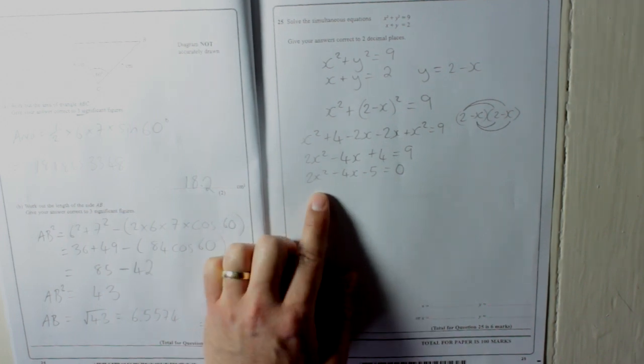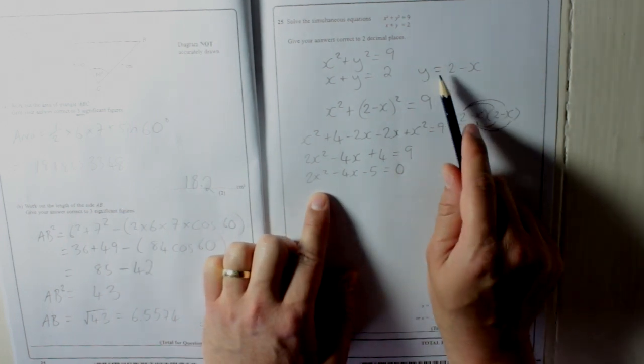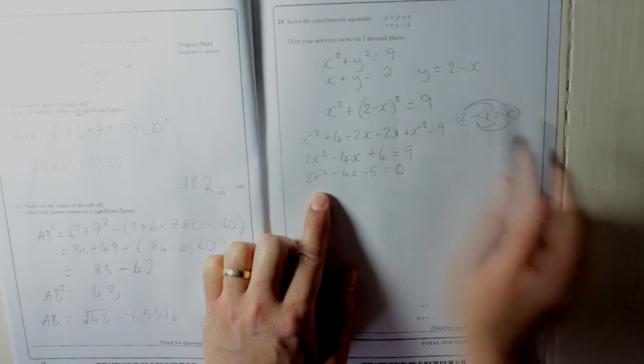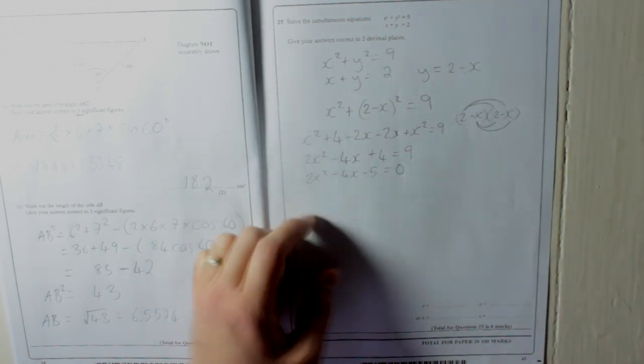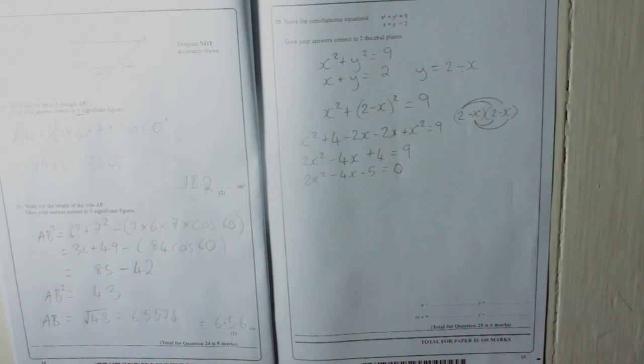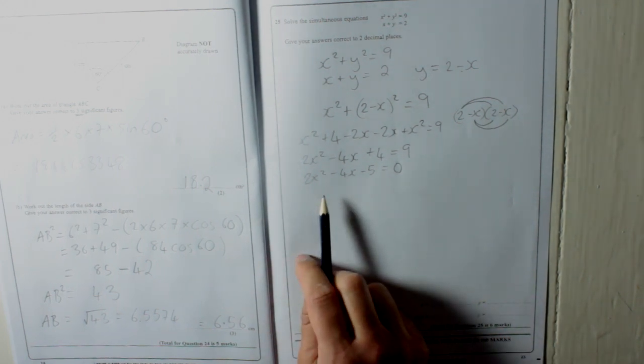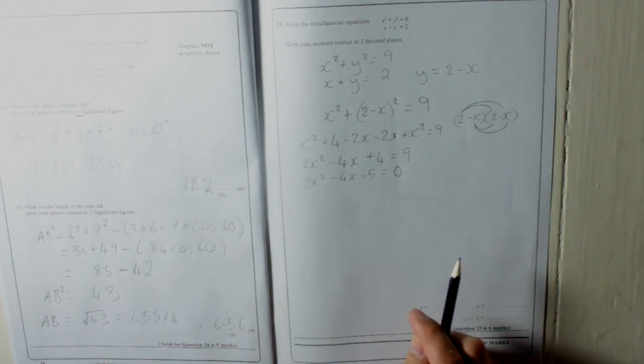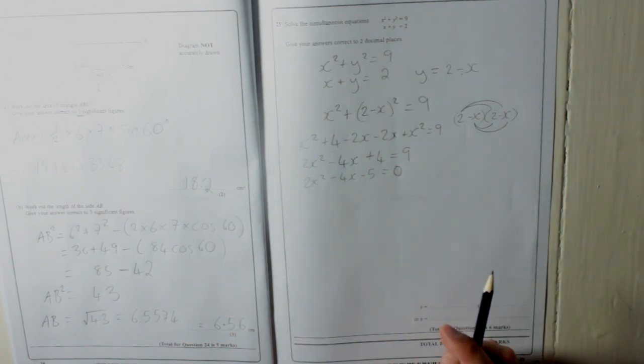And then to find the y values, all I'm going to do is y equals 2 take away our x values, and there's going to be 2 x values. Now you might be tempted to put those into a couple of brackets and try and get the solution like that, but unfortunately it won't work.